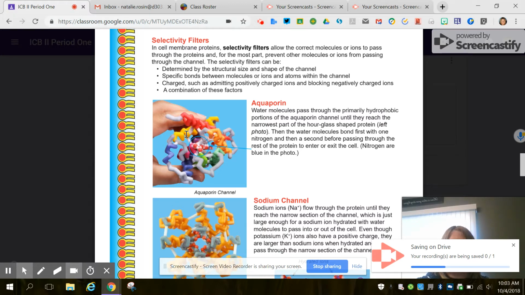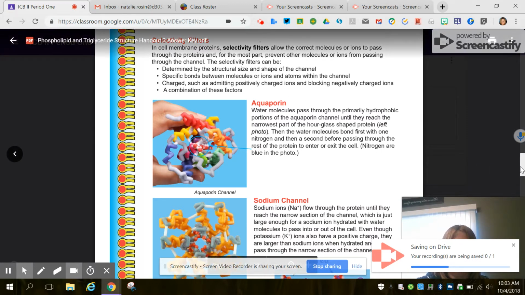So the selectivity filter only allows water to get through aquaporin, or it also talks about the sodium channel and the potassium channel for ions, and how when their selectivity filters are on, then it is much more selectively permeable to only allowing those things to move through it.